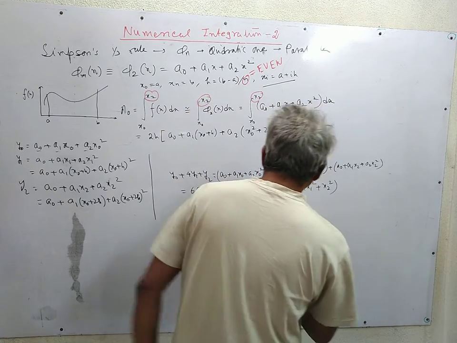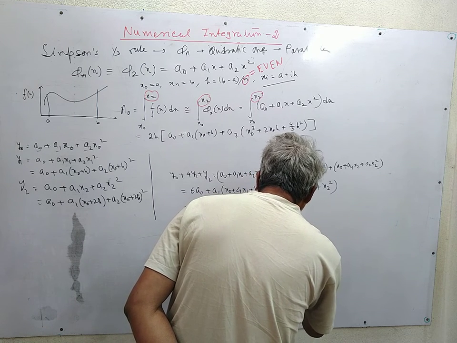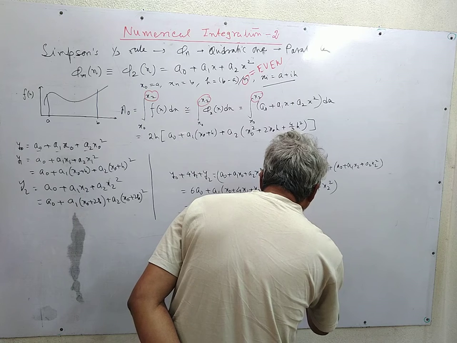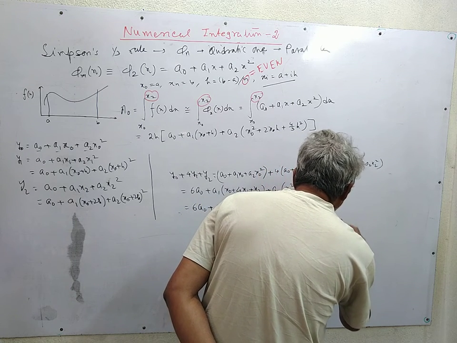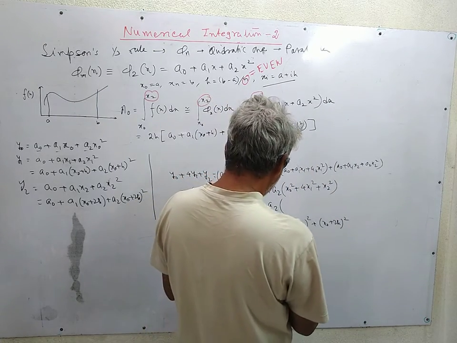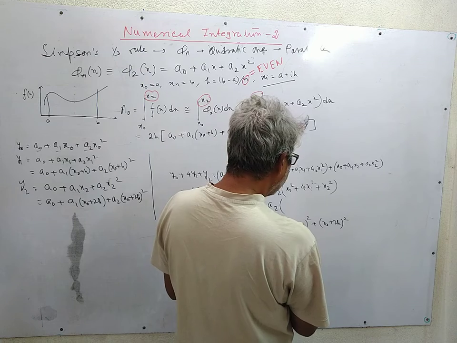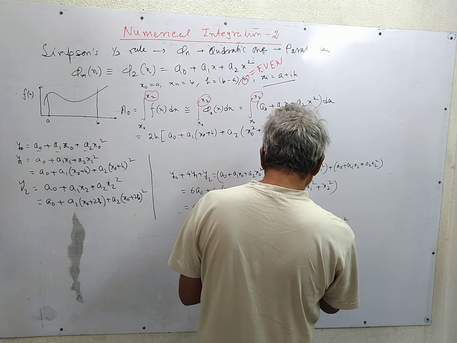This part is basically x0 square plus 4 times (x0 plus h) whole square plus (x0 plus 2h) whole square. So as far as the x0 part is concerned, this is 2x0, 4x0, so 6x0 square.